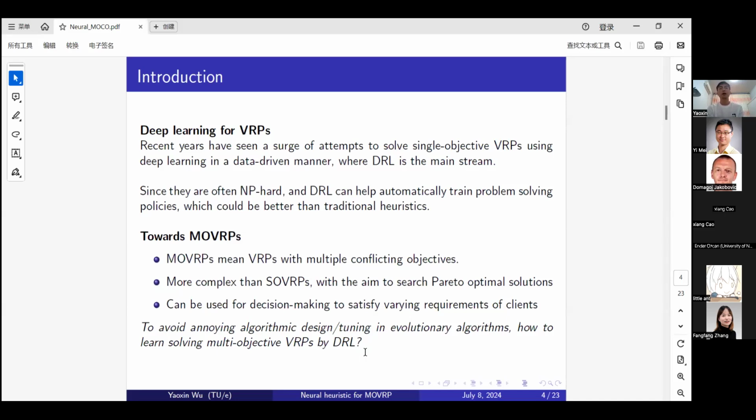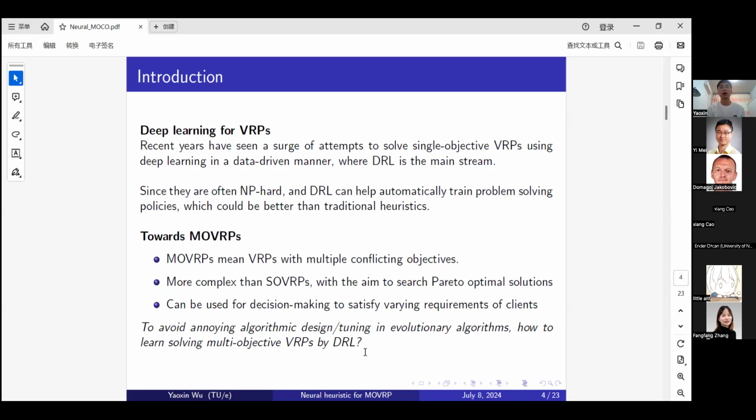So deep learning can be used to mitigate or relieve this effort. For example, we can collect a lot of data, a lot of instances, and then build a neural network to learn the policies, to learn the heuristic rules to solve the problem.